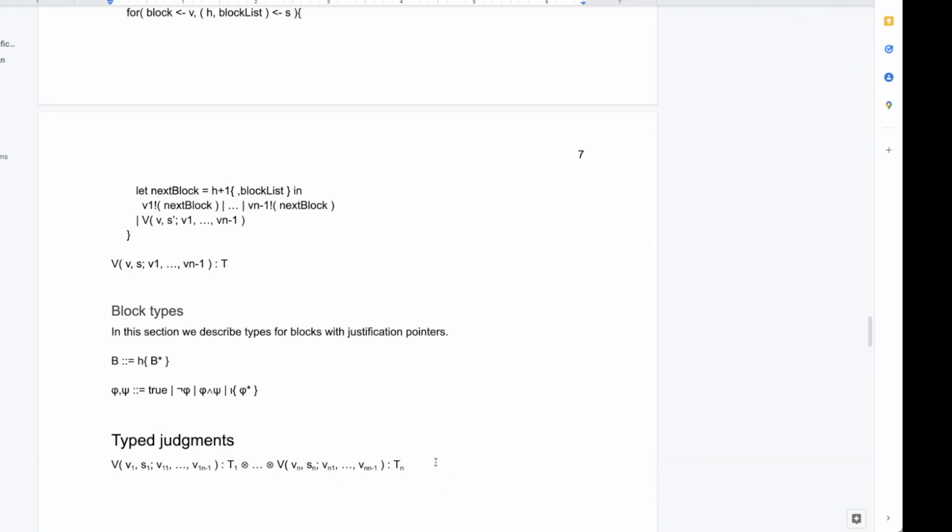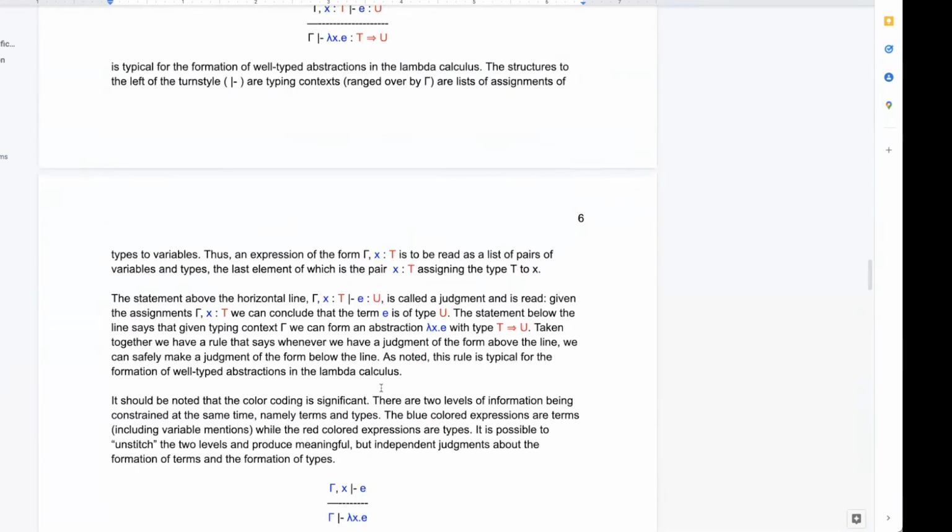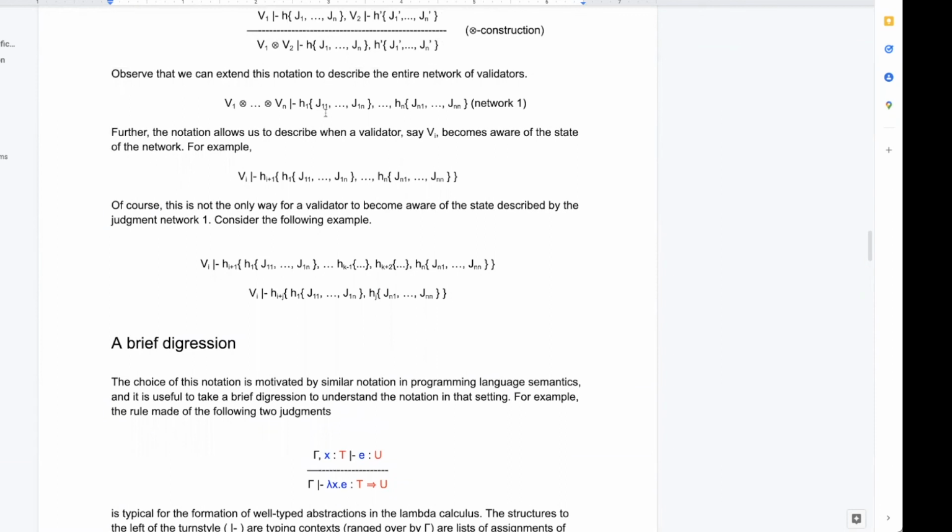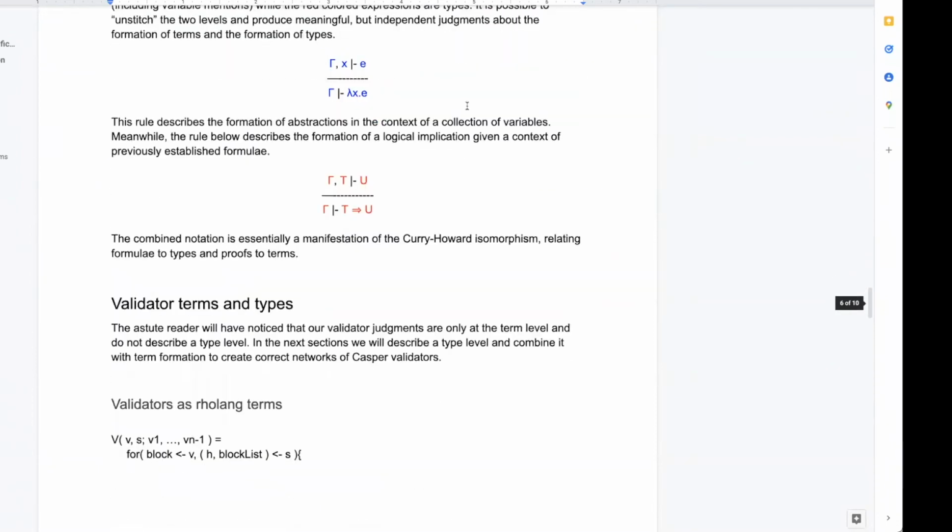Okay, so this is what's showing up on the left hand of the turnstile. So we're insisting that these are the validator expressions, that they have these types. And now we're going to give blocks like this, and they're going to be of given types.